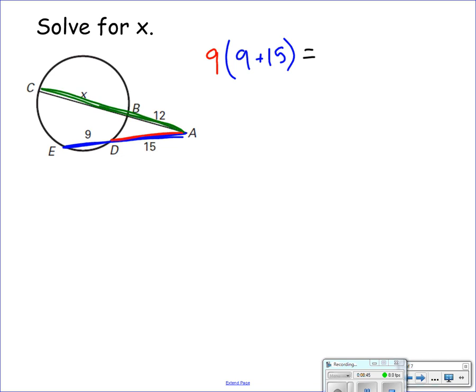That's x plus 12, times the little piece that's outside the circle, which is 12.